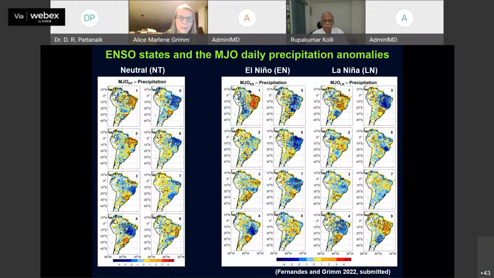And due to this enhancement of the teleconnections towards South America, we have much stronger precipitation anomalies here in Central East South America than in neutral years. And over the South Atlantic Convergence Zone, this is enhanced in both El Nino and La Nina.